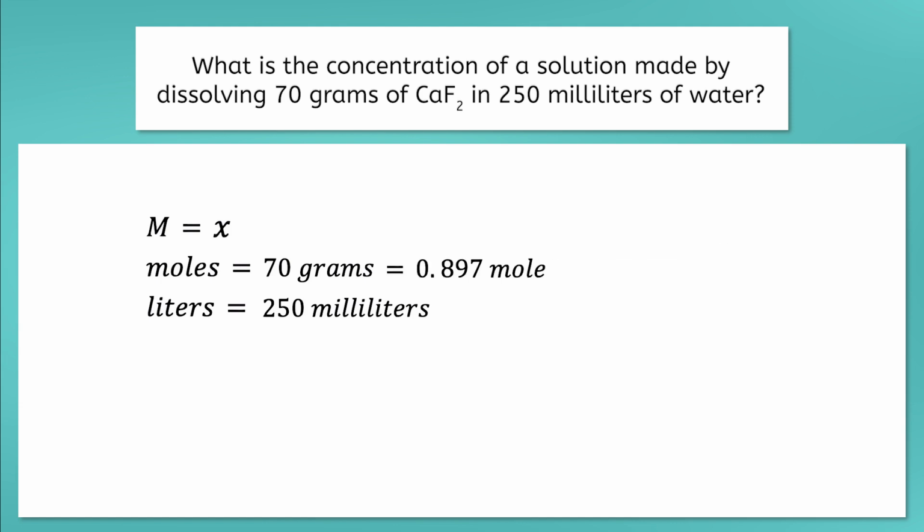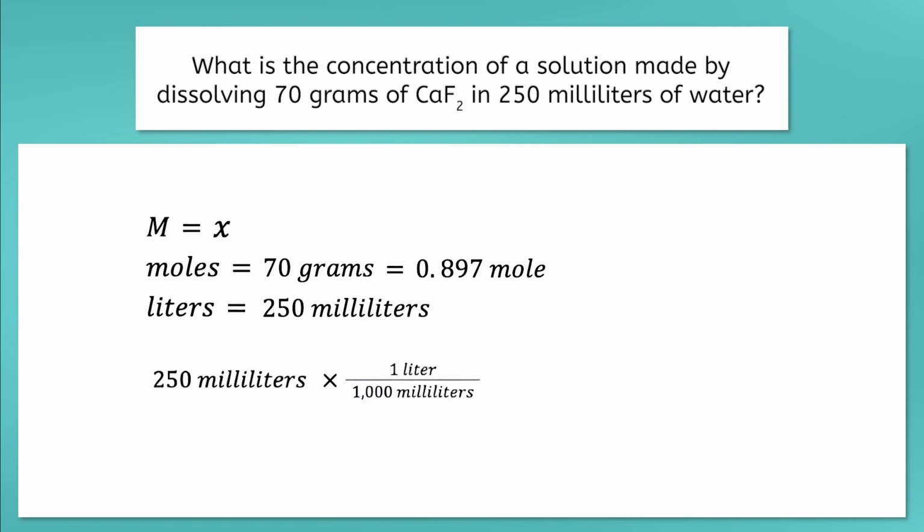Now, let's convert our milliliters to liters. Do you remember how to do that? Back in Unit 1, we learned our conversion factor that 1 liter is equal to 1,000 milliliters. For metric conversions, we write our given, in this case 250 milliliters, then multiply it by the conversion factor made into a fraction. We want our given unit in the denominator and what we are solving for in the numerator.